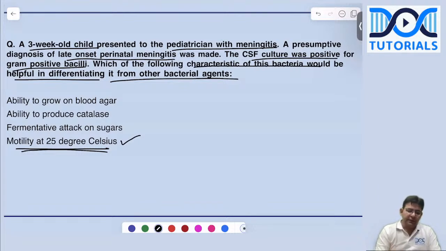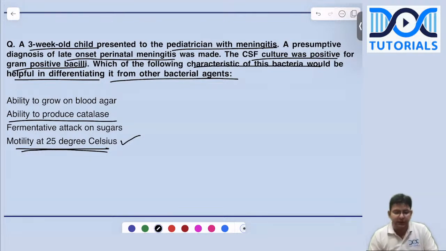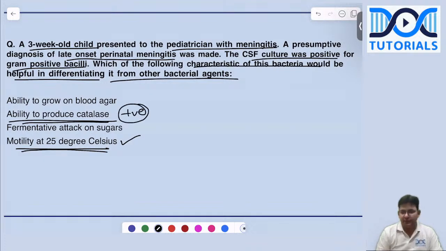And this ability to produce catalase is also unique in this particular one. Why? Because if you know that this is catalase positive, and this particular property, motility at 25 degrees Celsius, so you can call this a controversial question.